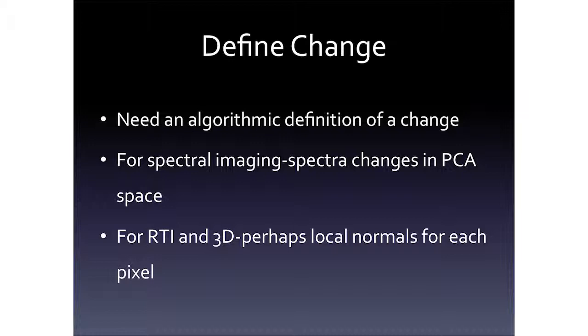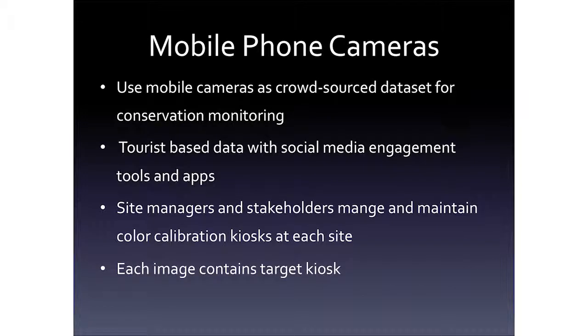In our case, we do all this in PCA space, and so we started thinking about RTI in 3D. We asked what would be changing, and that's what Greg Williamson is going to talk about. It would be the normals, because that's what you get out of that particular thing. So that would be sensitive to changes in the actual object itself, rather than just the surface, because we only see the projection on the surface when we take the spectral images.